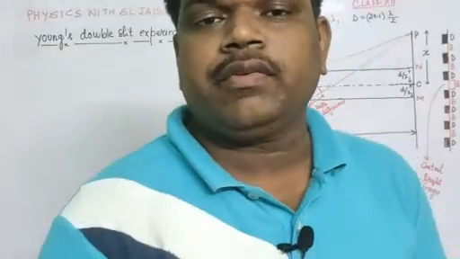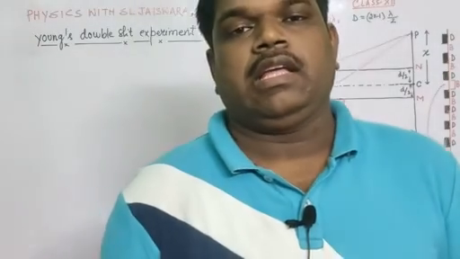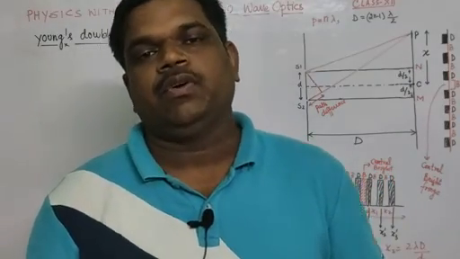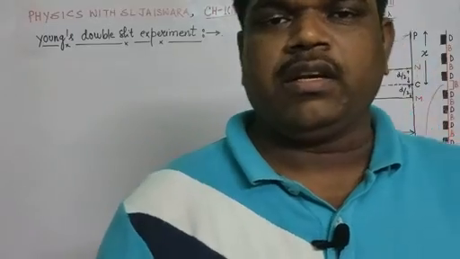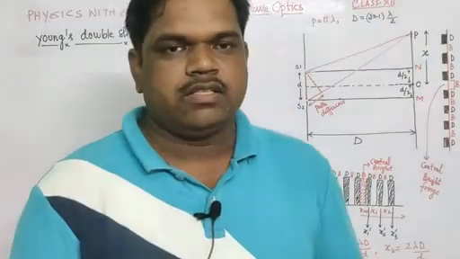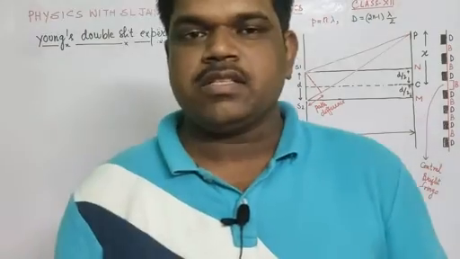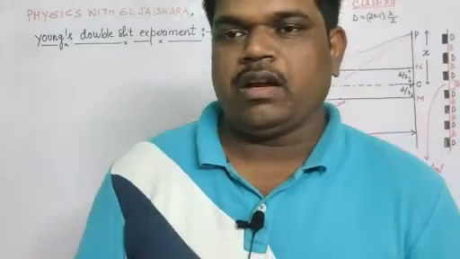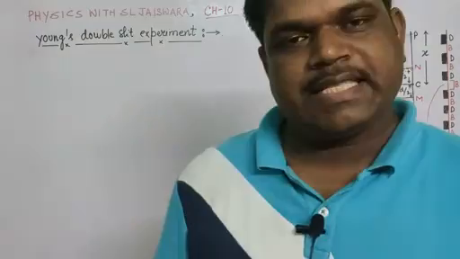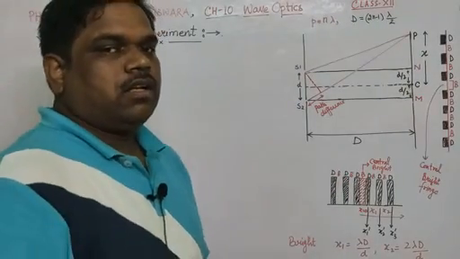When the path difference is equal to (2n minus 1) times lambda by 2, then we will get destructive interference, and in case of destructive interference we get dark fringes, and when there is constructive interference we always get bright fringes.